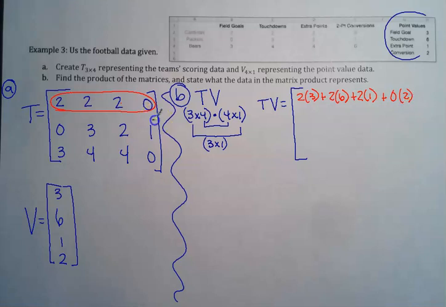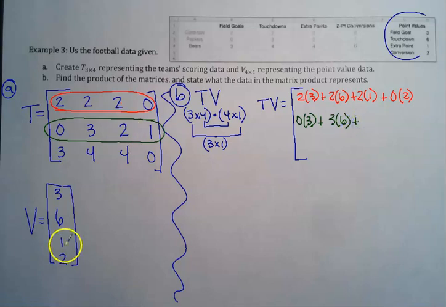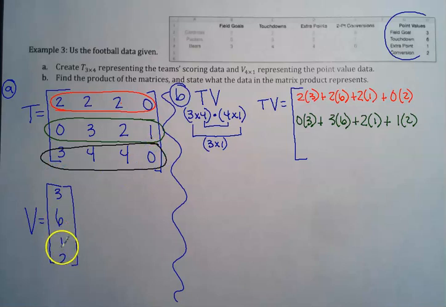Second row, I should say. We're going to take these and multiply each element to here. So 0 times 3 plus 3 times 6 plus 2 times 1 plus 1 times 2. And then our last row times our column.